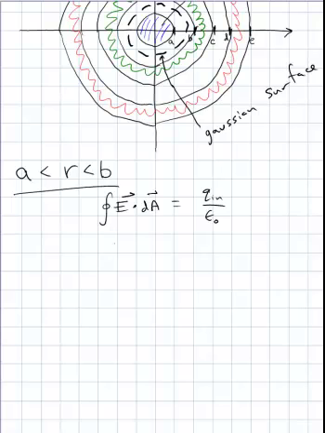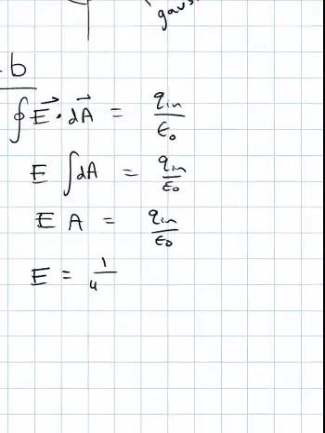So this integral becomes the integral of E and dA, and E is constant, and the integral of dA is just the area. So the electric field times the area is Q in over epsilon naught. The surface area of a sphere is 4 pi r squared. So I'll bring that to the other side and move some things around a little bit.